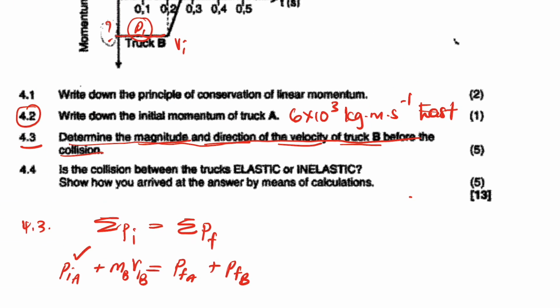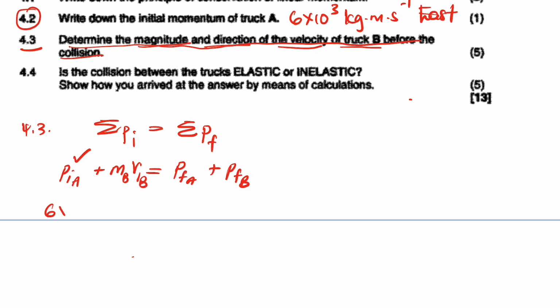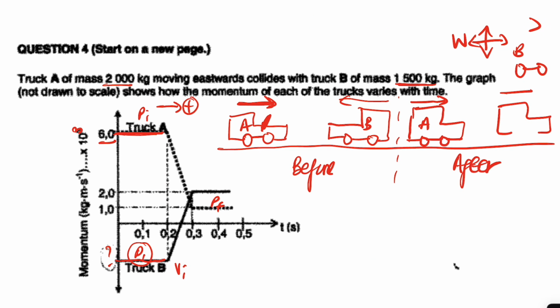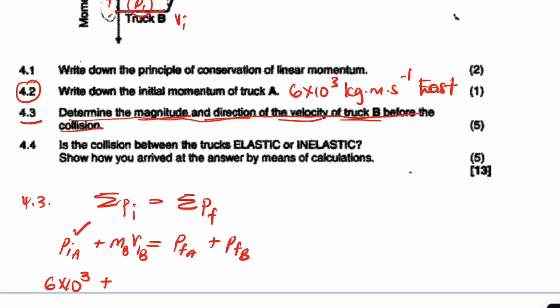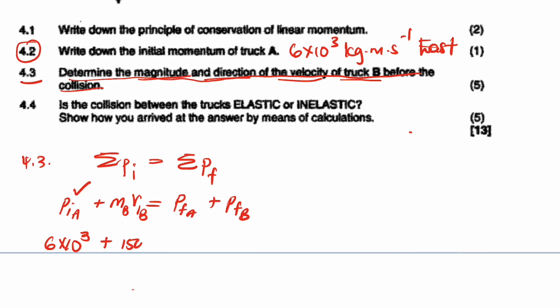So the momentum of track A is 6 times 10 to the power 3 plus the mass of B, we're told it's 1,500, right?